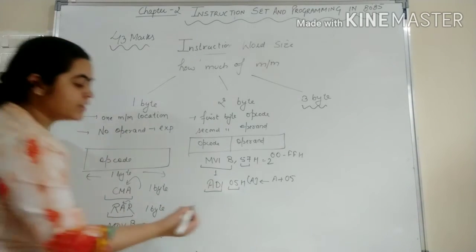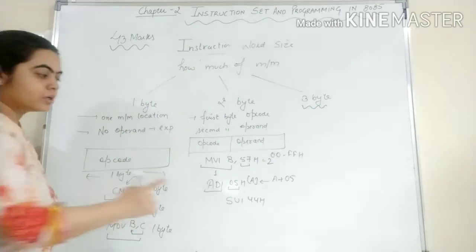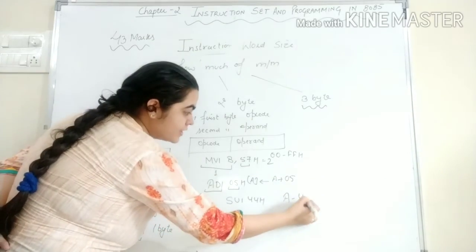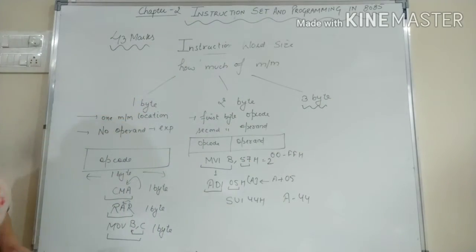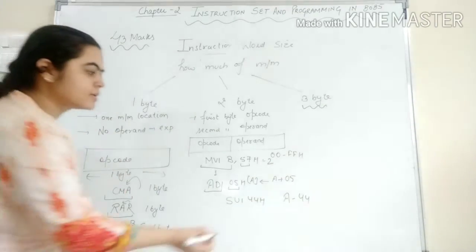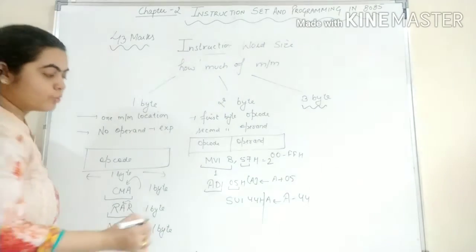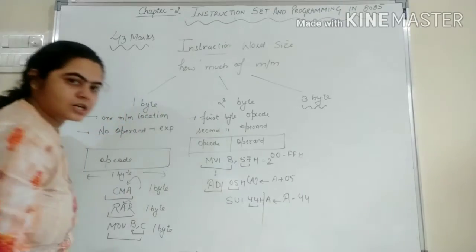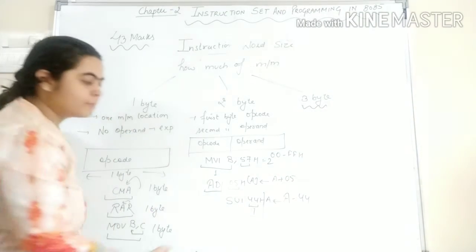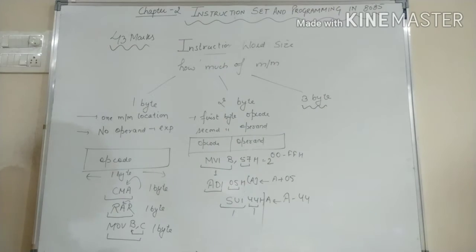Next we can see SUI 44H. In this example the meaning of this instruction is that we subtract 44, the data given in the instruction, from the contents of the accumulator, and the result is again stored in the accumulator. Here again data is given in the instruction. This is the operand that occupies 1 byte of memory, and this is the opcode that again occupies 1 byte of memory.